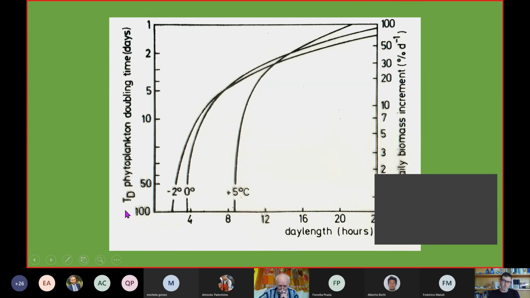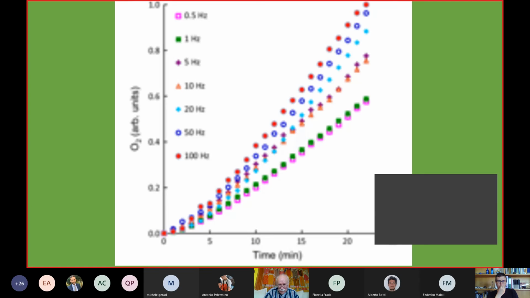So if the water temperature is -4, you get algal doubling already in 2 days. But if you move to 5 degrees centigrade, you need like 10 days. So that shows you the adverse impact of the warming of the Mediterranean on your gains when you grow algae. You pay more for respiration costs.